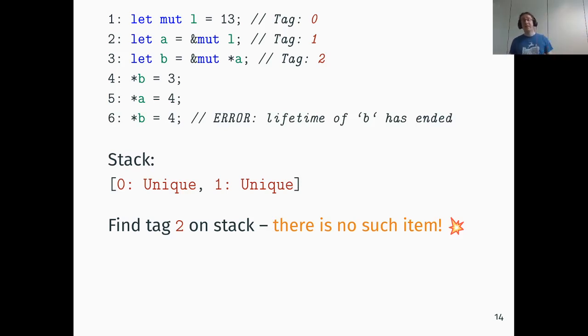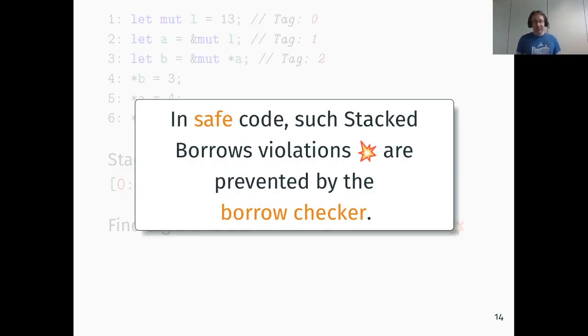So we are violating the proof obligation that stack borrows requires, and therefore this is a wrong program. Of course, this program was rejected by the borrow checker, so this is not actually bad in any case. Indeed, the design goal of stack borrows is that in safe code, it's impossible to violate stack borrows because the borrow checker will make sure that you're following the rules.